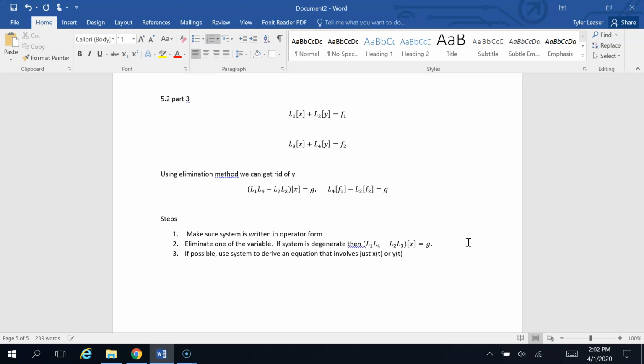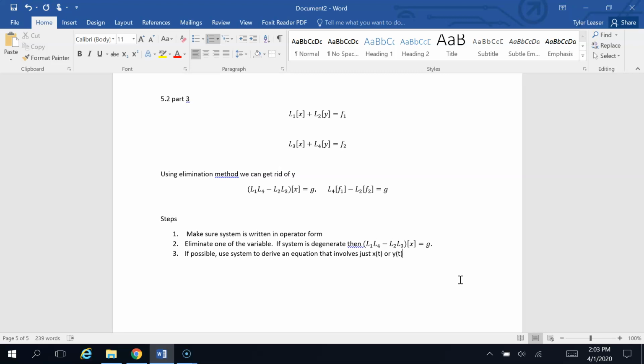This may not be possible based on your question, but when you do this process to eliminate the x, or vice versa, a very similar way of eliminating the y, sometimes you're still going to have some strange things where you can't isolate the x or isolate the y, but just hope that that works out. We'll talk about what to do if it doesn't work out in the future.